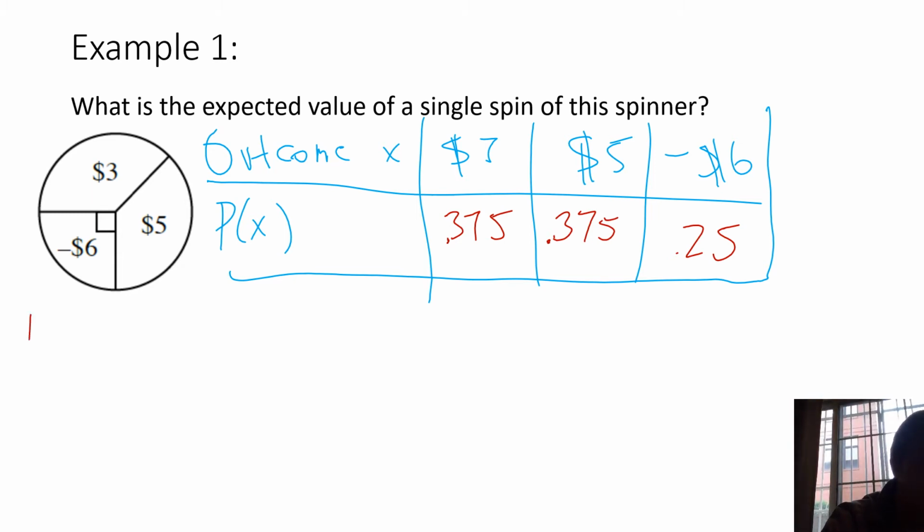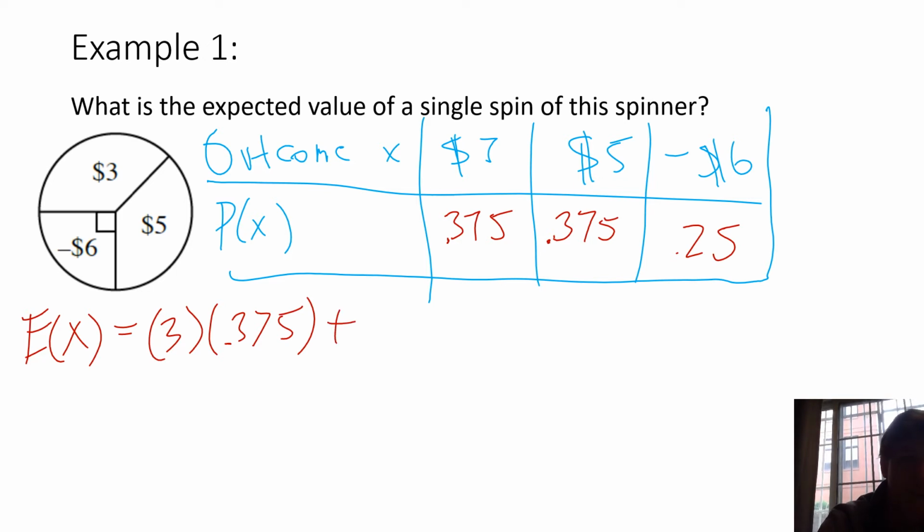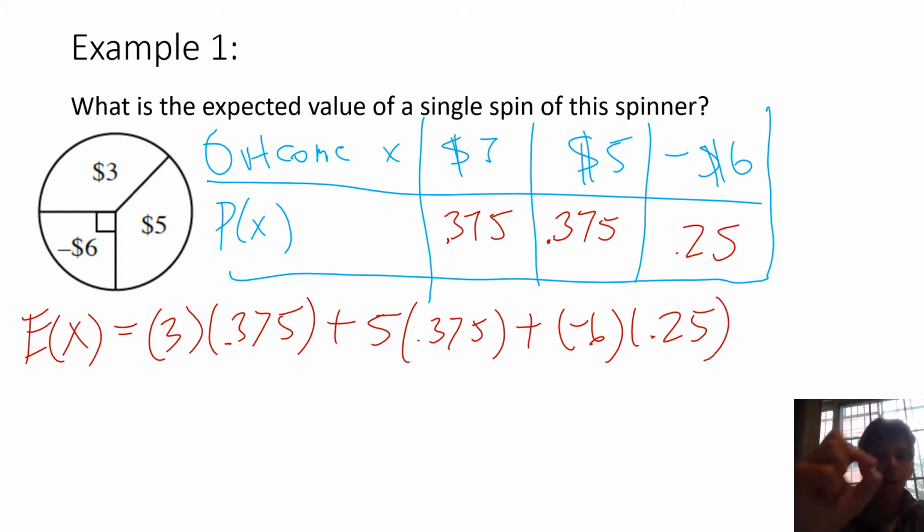So to figure out the expected value here, it is just each outcome times the corresponding probability, and we're just summing that up. All right, a little bit of calculating here.